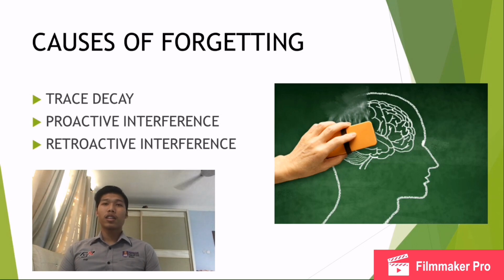Trace decay is the explanation of forgetting in short-term memory. Assume that memories leave a trace in the brain. A trace is some form of physical or chemical change in the neural system. Trace decay theory states that forgetting occurs as a result of the automatic decay or fading of the memory trace.